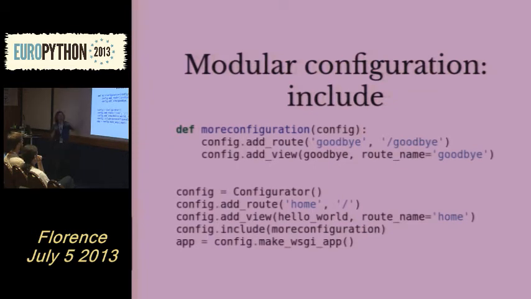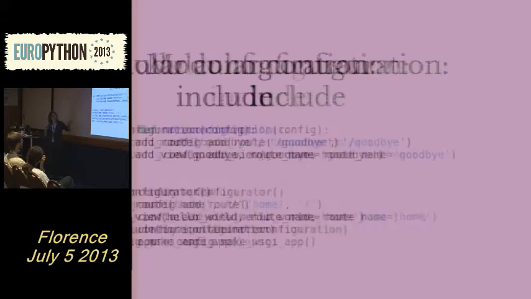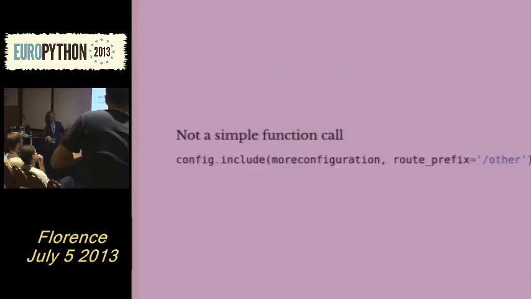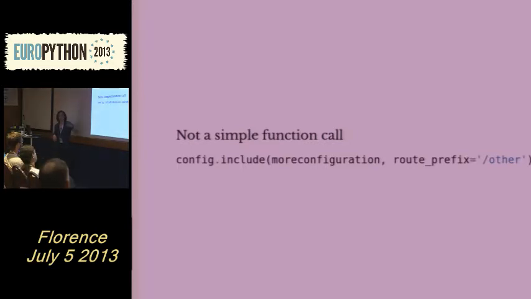Another nice thing and pretty important with the configurator is that I can include configuration that is somewhere else. Basically, I have a callable, a function that takes a config argument, and I can call include on this function. The function itself only calls other directives on this config. From there, it looks like just a simple function call, but it's not. There are some nice things that can be done. For example, I can add a root prefix argument to this include.